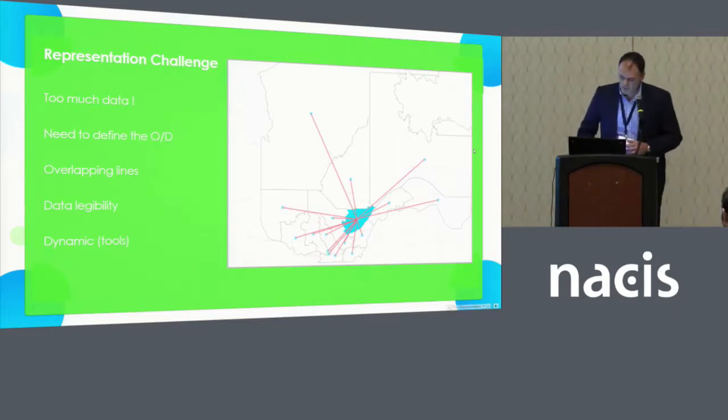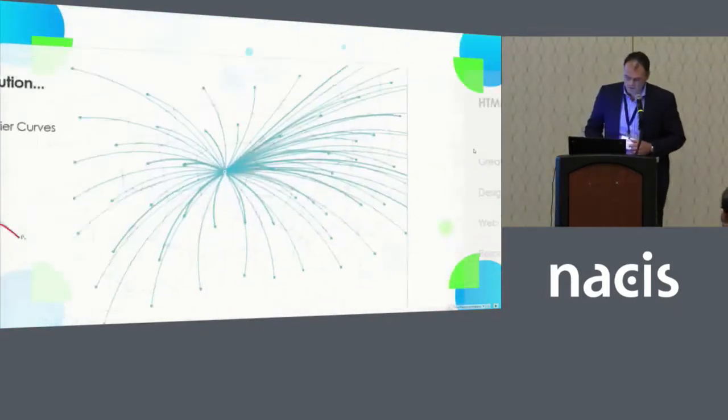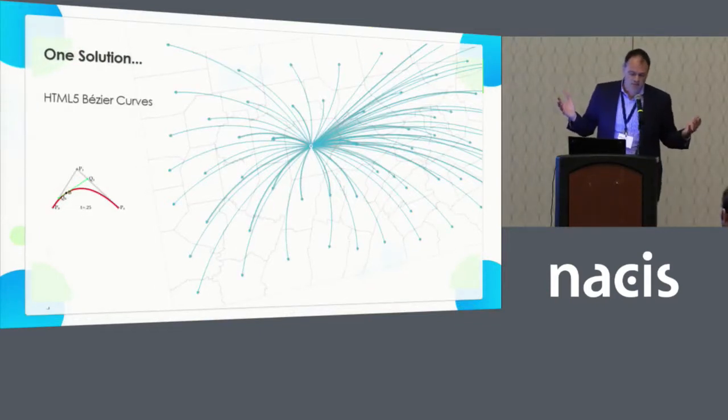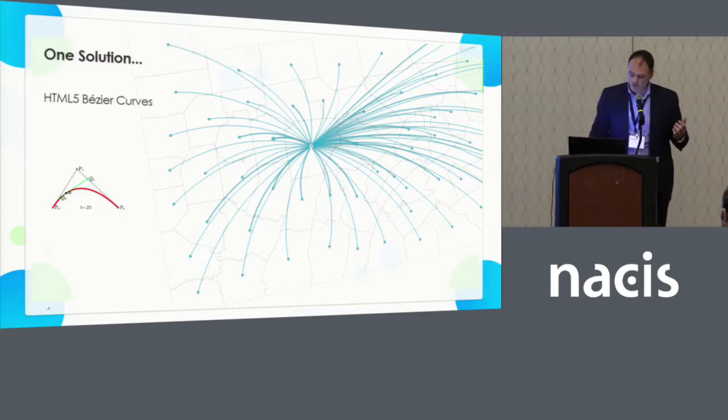So what's a potential solution to deal with that problem? One way is to use Bezier curves. HTML5 provides us with the ability to look at flows from an origin to a destination and use Bezier curves. Obviously, there's several ways you can do this, but one way you can design it in such a way that you try to avoid all the overlap between all those areas.